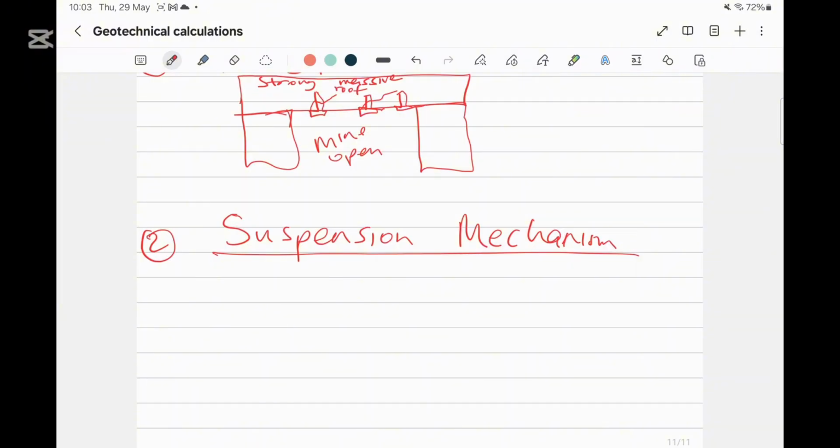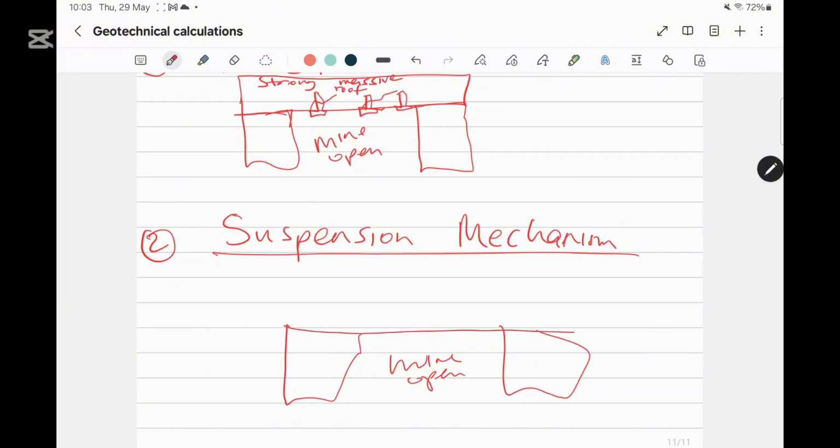What you're trying to do is suspend the soft rock onto the hard, strong rock. So you have your pillars, you have your opening. Let's say these are our pillars.